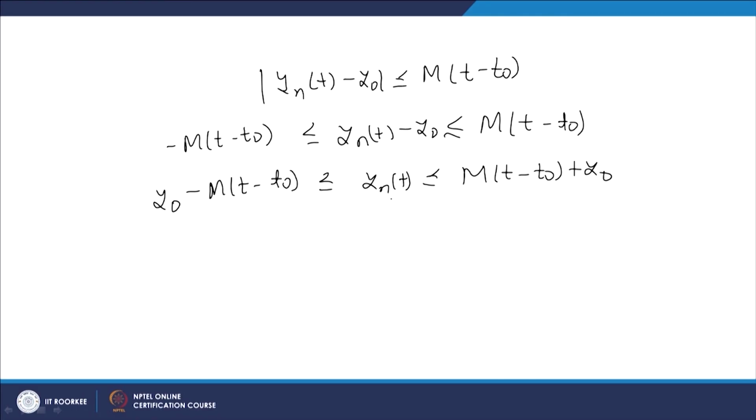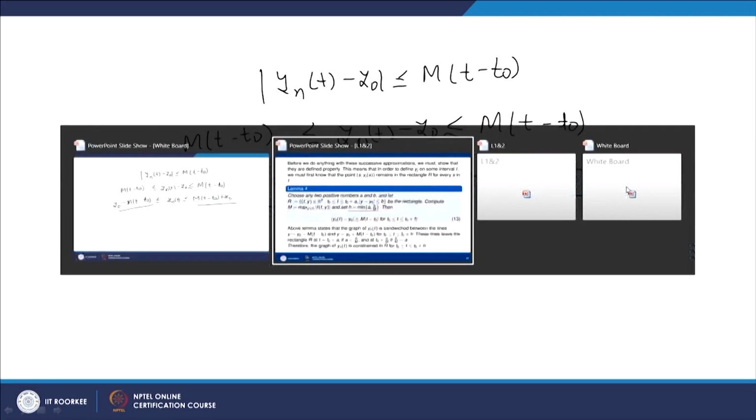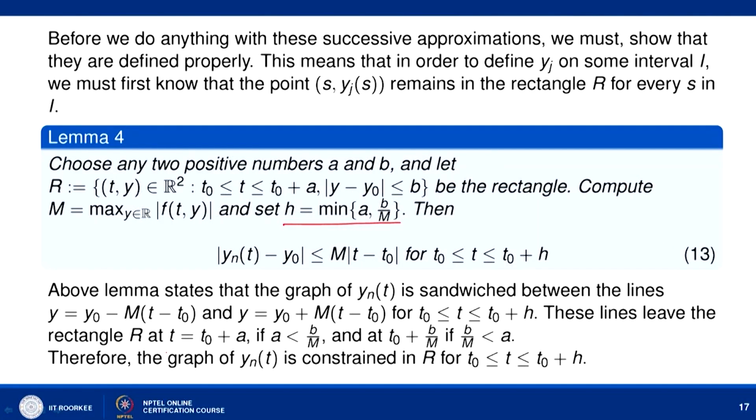So, we can say that y(t) is lying between this line and this line. That is what we wanted to show here, that the graph of y(t) is sandwiched between the lines y0 minus M(t minus t0) and y0 plus M(t minus t0), and this is true for all t between t0 and t0 plus h. These lines leave the rectangle R at t equal to t0 plus a if a is less than b by M, and t0 plus b by M if b by M is less than a.